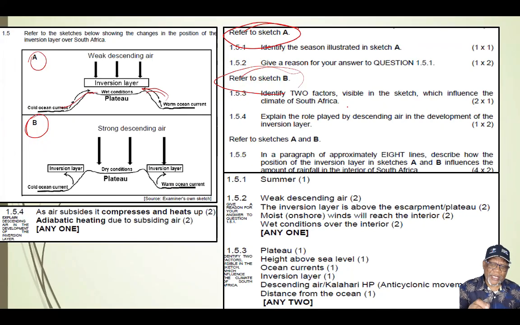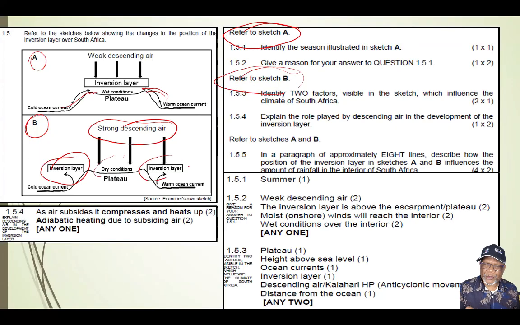What can you see here? This is number one. You can see weak descending air in sketch B. Identify two factors. You can see there is a plateau.